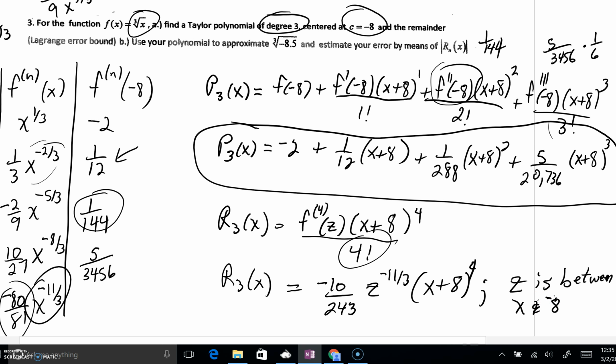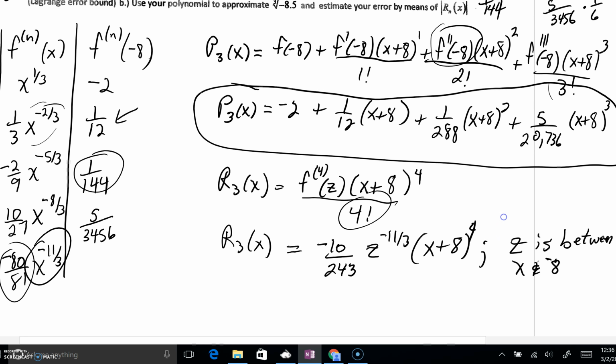Wherever we are evaluating is x, we are centered at negative 8, so the z value is always between those two. So right now, they're asking us to estimate our error.